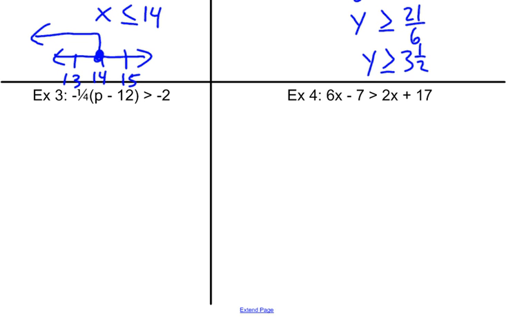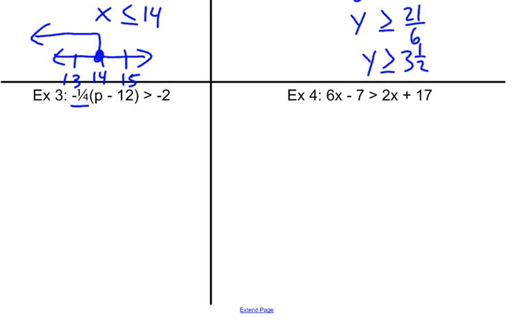For example 3, this negative 1/4 in front is going to make the problem a little tricky. There are 2 ways I can get rid of that. One option is to use the distributive property. That'll work. It might be slightly messy.